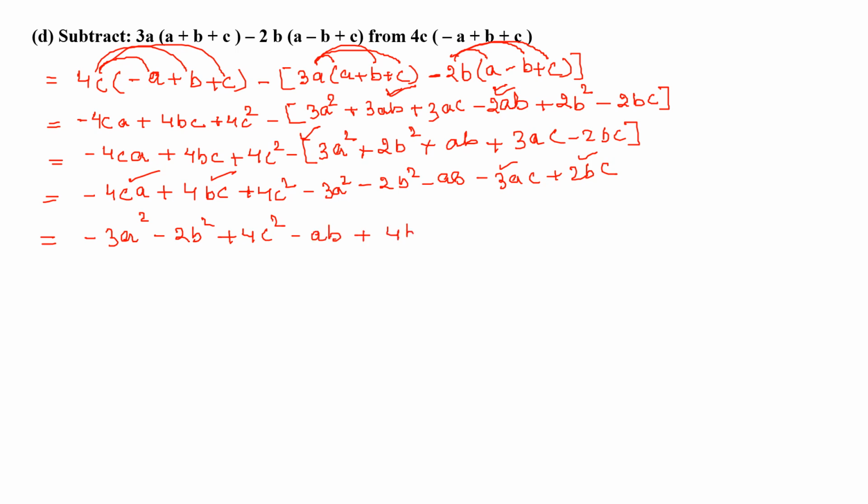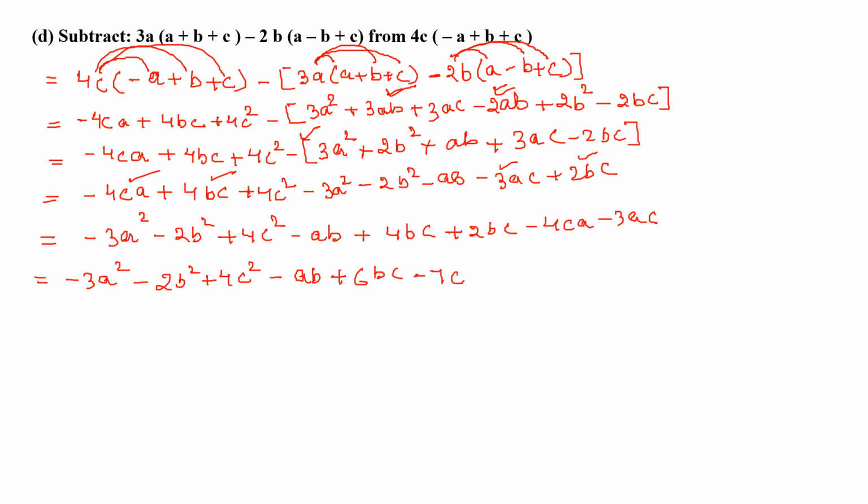So 4bc plus 2bc and then minus 4ca minus 3ac. Now the last step will be minus 3a square minus 2b square plus 4c square minus ab and plus 4bc plus 2bc will give 6bc and minus 4ca minus 3ca will give me minus 7ca. So this is the final answer.